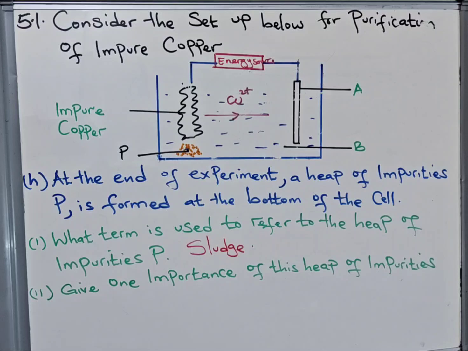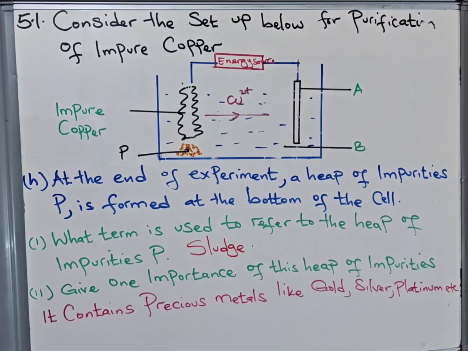The importance is that sludge contains precious metals like gold, silver, platinum, and others, and these precious metals can be recovered from it.